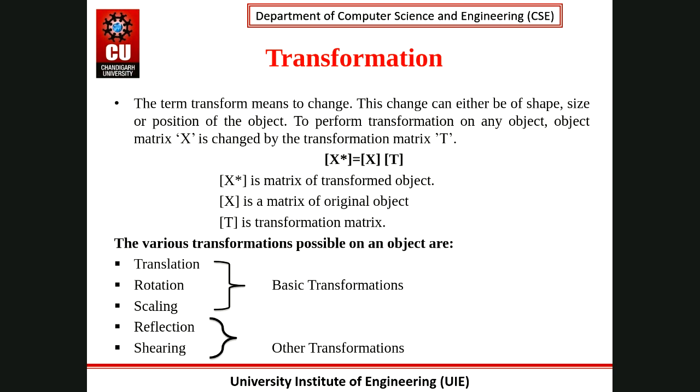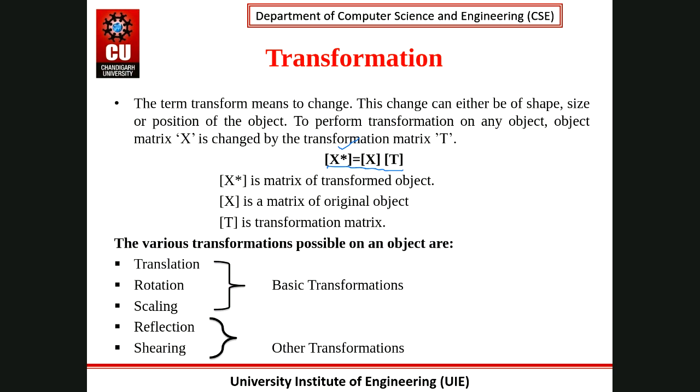Transformation means change: a change in either the shape of an object, the size of an object, or the position of an object is called a transformation. Here is the transformation matrix equation. Let's say X star is the transformed matrix. How can an object be transformed?